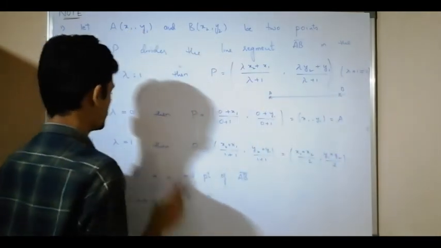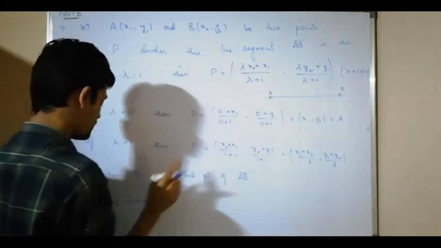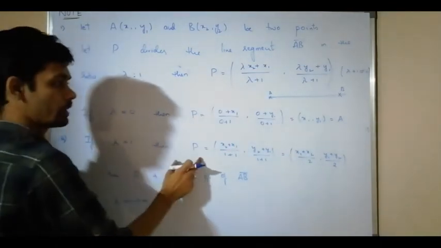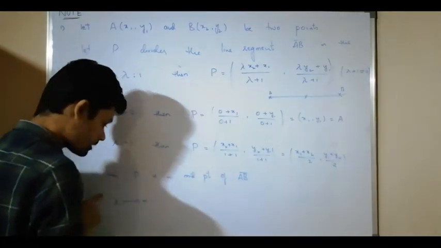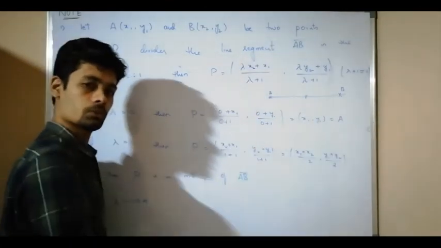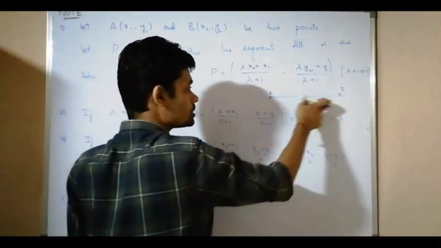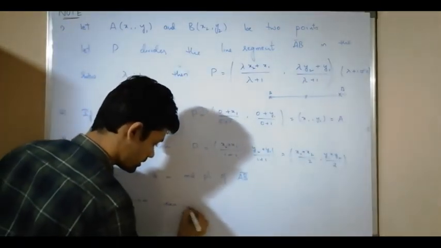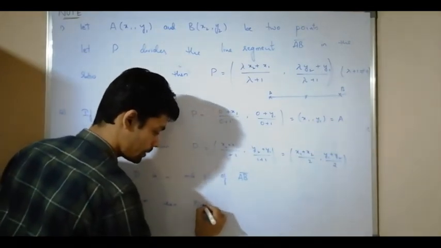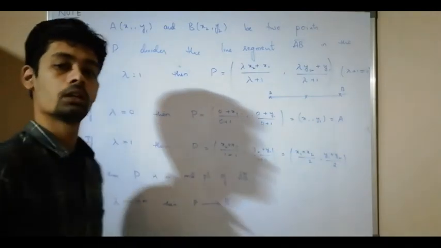If I take lambda is equal to 0, the point P becomes A. If I take lambda is equal to 1, the point becomes the midpoint. If I take lambda tends to infinity, as large as possible, then the point P tends to B.